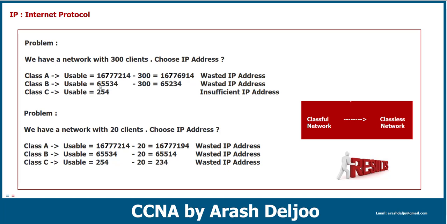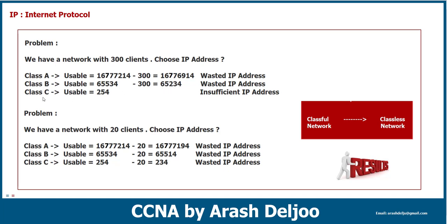If you use class B networks, in every network we have this amount of IP addresses, 65,534. This means that we need only 300, and because of that, again, you will waste this amount of addresses.